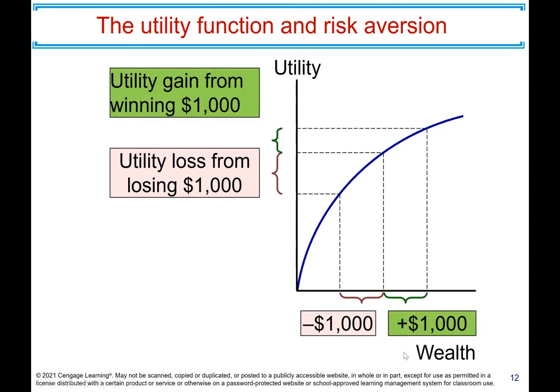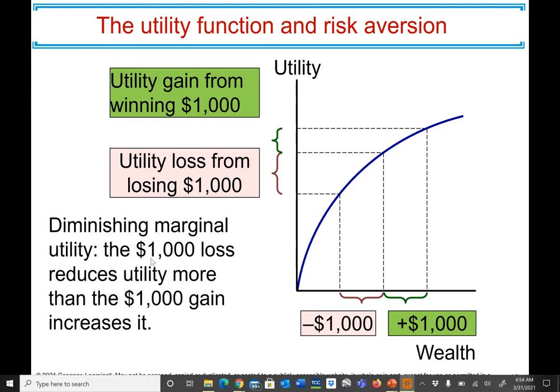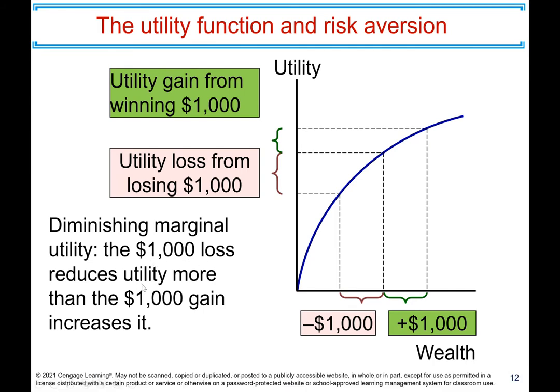If you gain $1,000, the utility gain is smaller than the loss. As you can see, the green area is smaller than the brown area. Diminishing marginal utility: the $1,000 loss reduces utility more than the $1,000 gain increases it. So losing hurts more than the pleasure that you gain from winning.